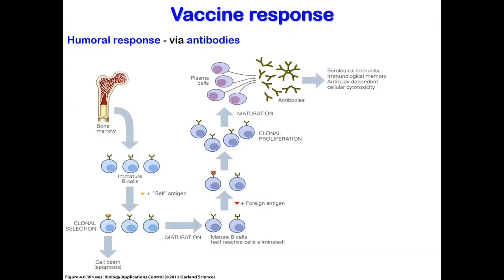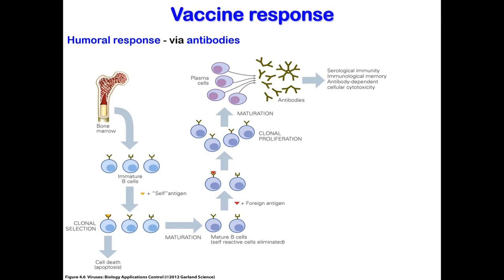So in this slide, we'll talk a little bit about the humoral response, but this will be brief as you will be discussing this in much more detail in immunology next term. But briefly, humoral immunity is also called antibody-mediated immunity. With assistance from helper T cells, the B cells will differentiate into plasma B cells that can produce antibodies against a specific antigen.